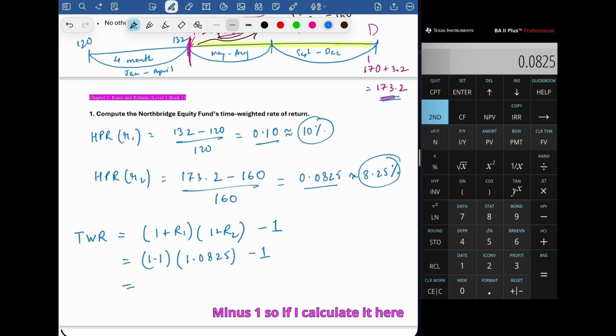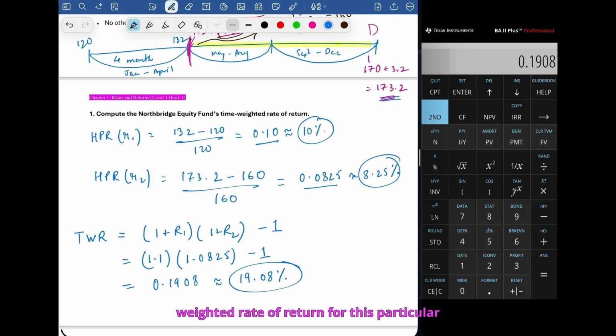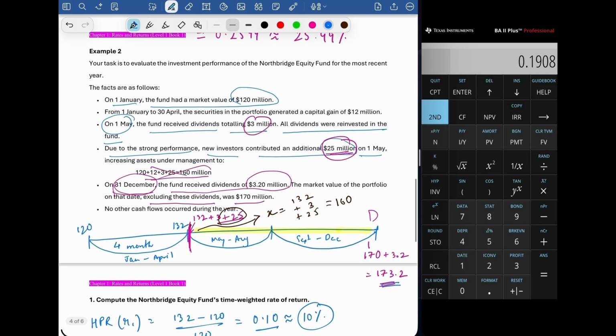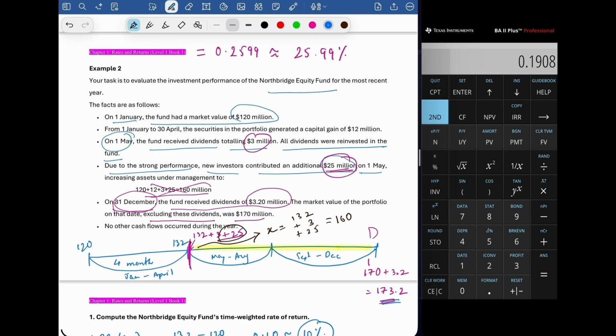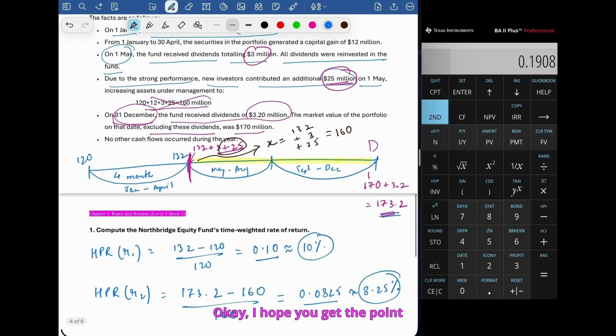So if I calculate it here, it will be 1.1 times 1.0825, minus 1, which is the formula for time weighted rate of return for this particular equity fund. Okay, I hope you get the point.